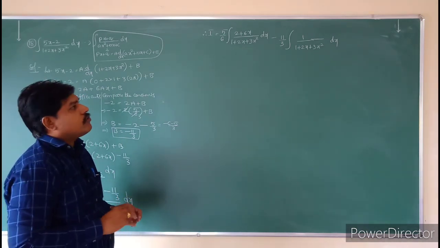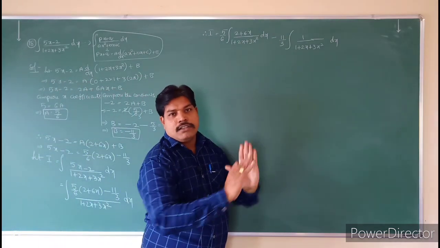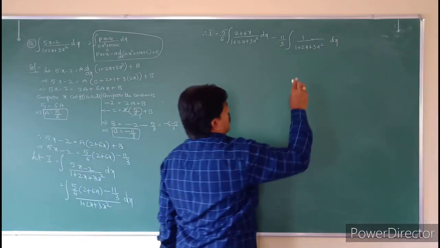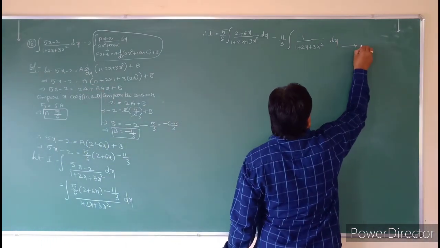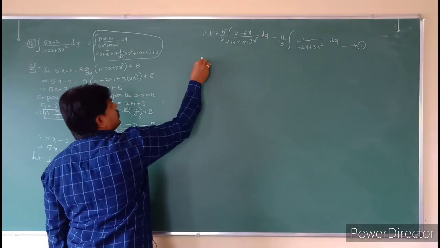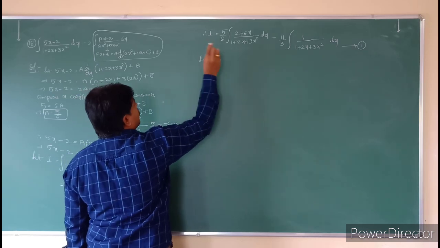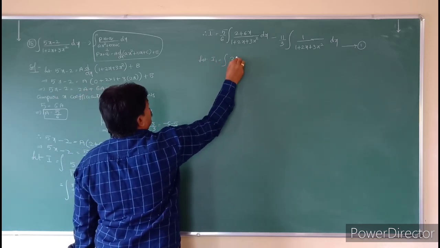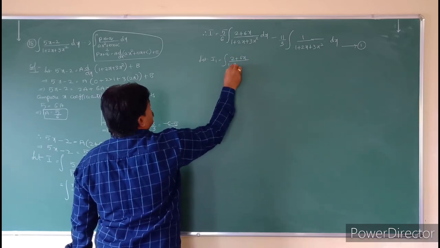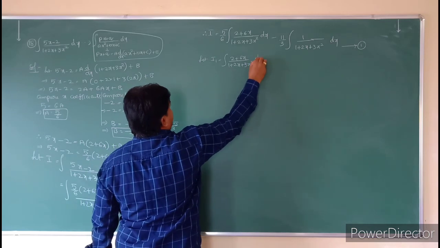First you have to take this as I1 and this as I2 and calculate those values. Take this as equation number 1. Let I1 be equal to the integral of 2 plus 6x by 1 plus 2x plus 3x square into dx.